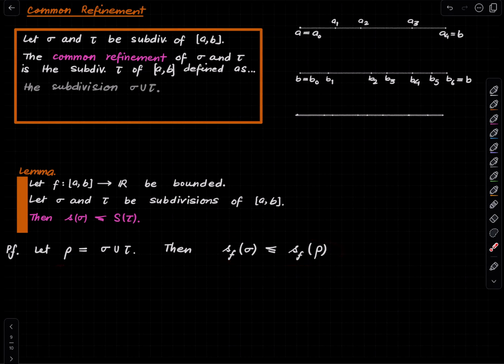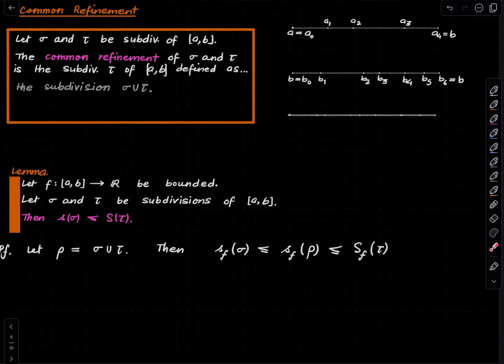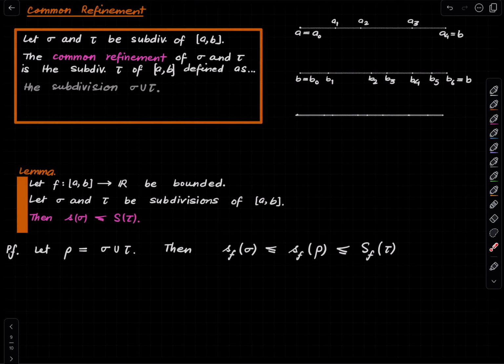And the upper sums flip the thing. Tau is coarser than rho; rho refines tau also. But the upper sums flip the refinement thing. So here I will write this thing. And that's it. We have the requisite inequality. The lower sums are always at most the upper sums. All right. Yeah, I think that's all.